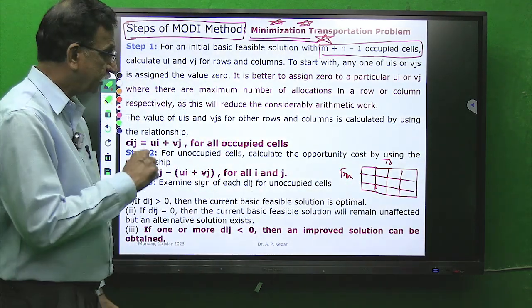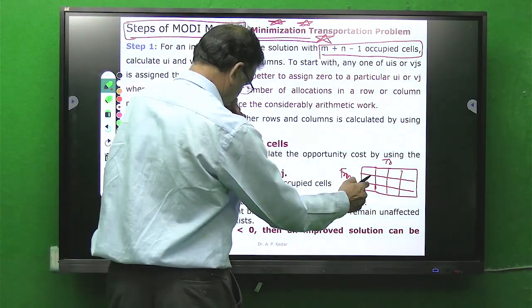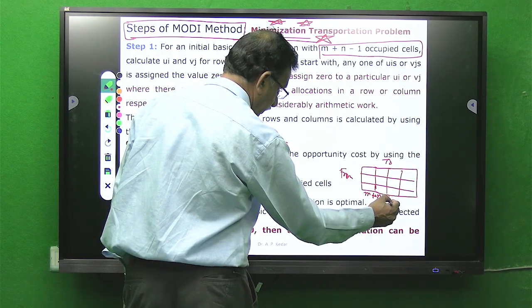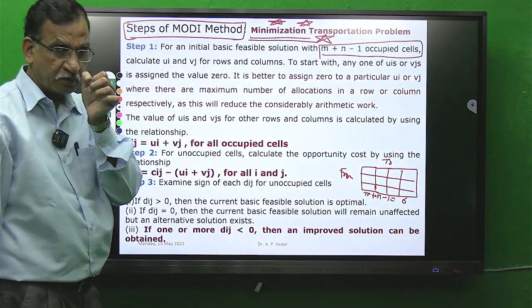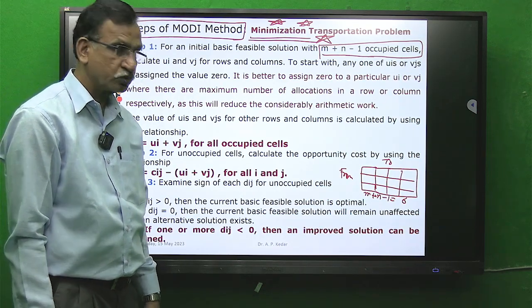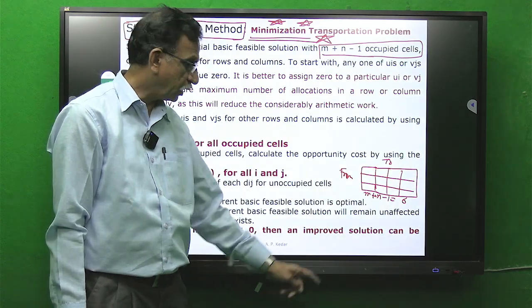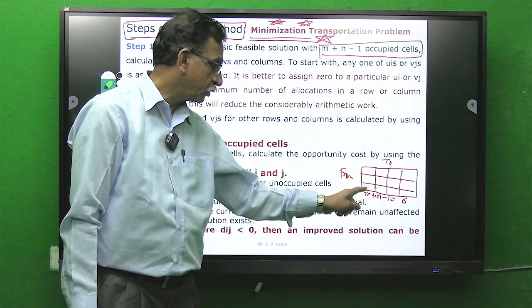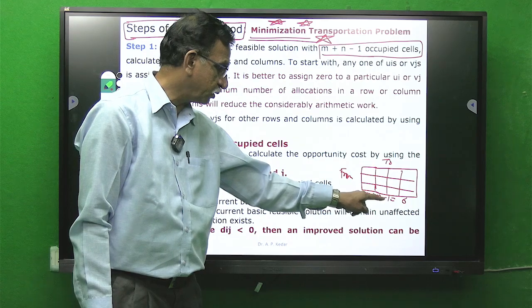So for the initial solution to this transportation problem, m plus n minus 1 will be equal to 6. You may ask, sir, how did you calculate 6? Students, m is 1, 2, 3 number of rows, n is number of columns 1, 2, 3, 4. So m plus n, 3 plus 4, 7, 7 minus 1, 6.